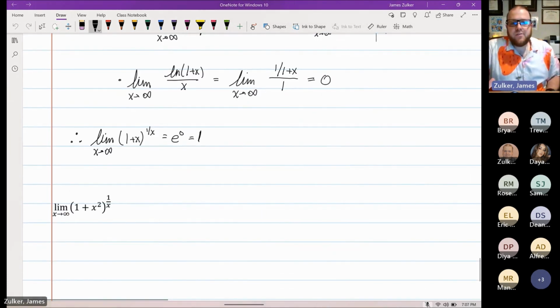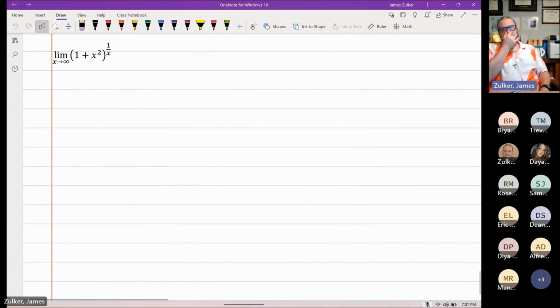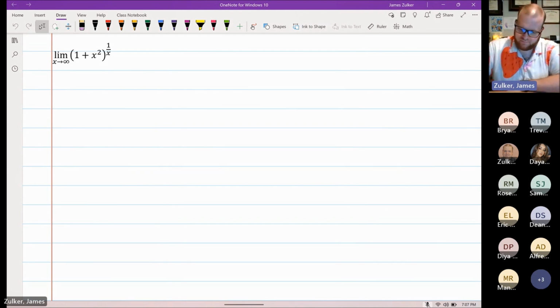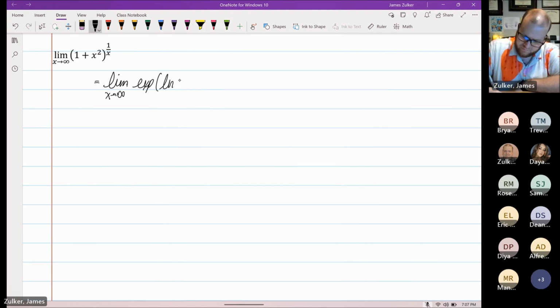Well, what if instead of 1 plus x, it's 1 plus x squared? Is this going to make a difference? Well, proceed the same way.